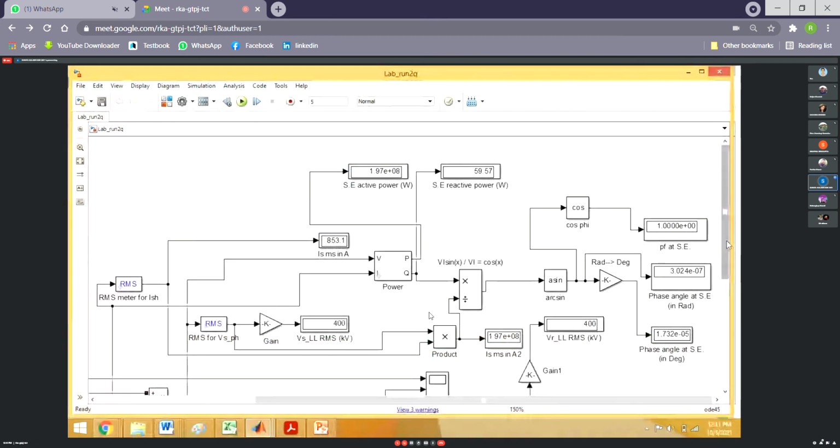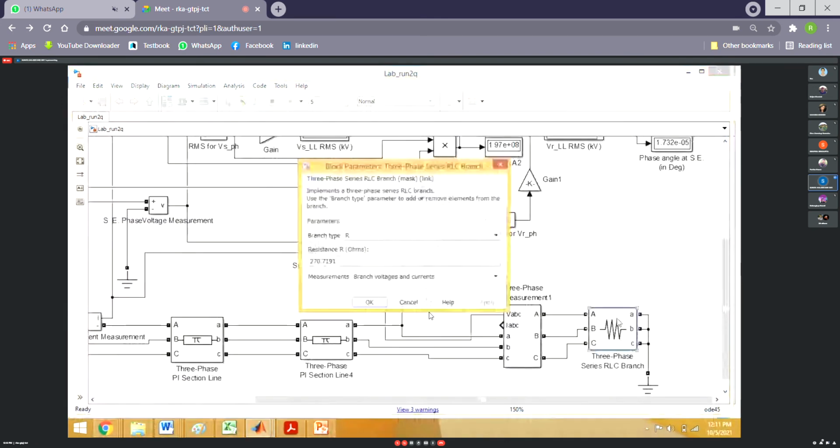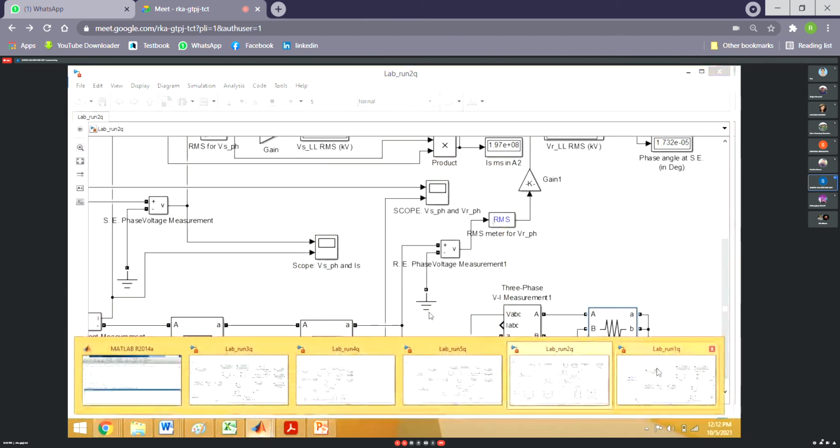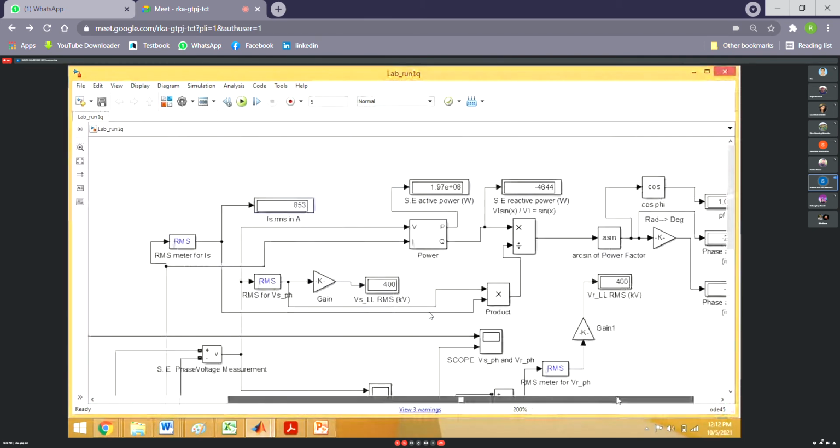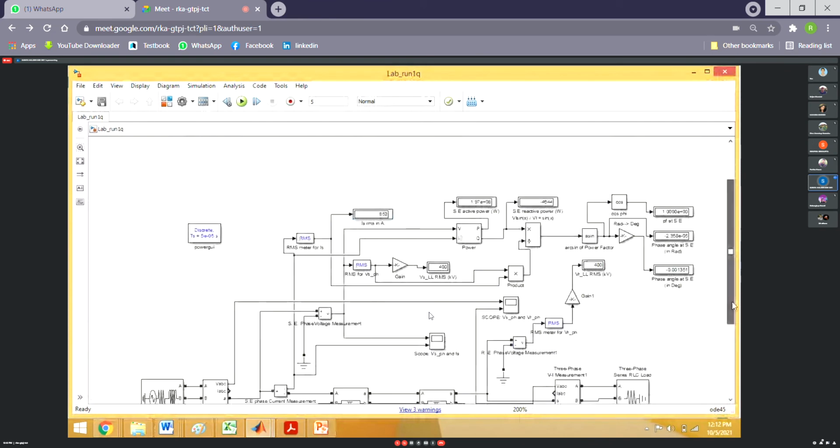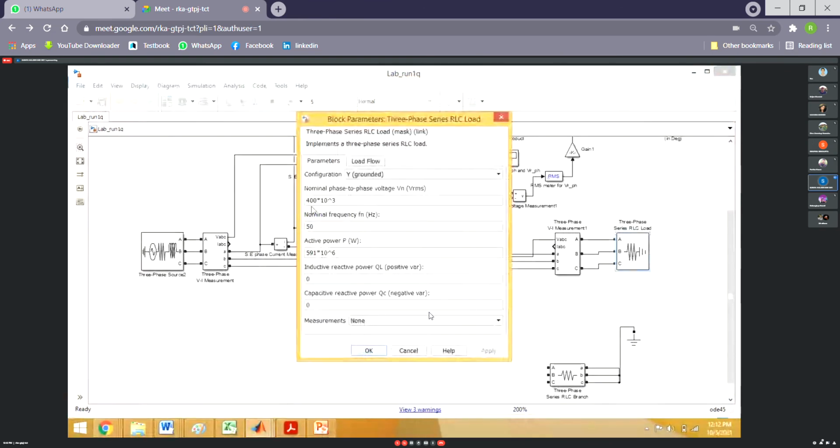So when we load it with the characteristic impedance, here I have connected a load resistance of 70.71 at receiving end. RLC we can give, but here we are calculating the resistance only. And in the earlier case, when it was SIL, then the load was 400 kV, 50 hertz frequency, 591 megawatt, in that way.